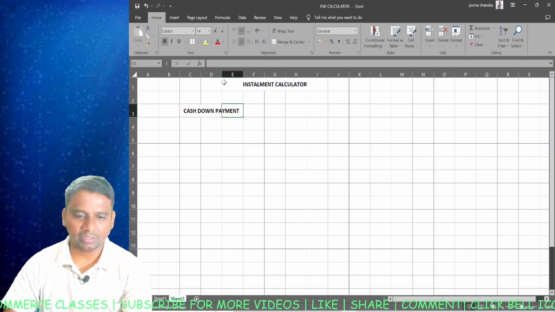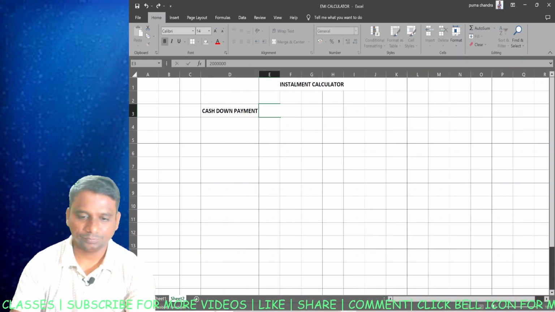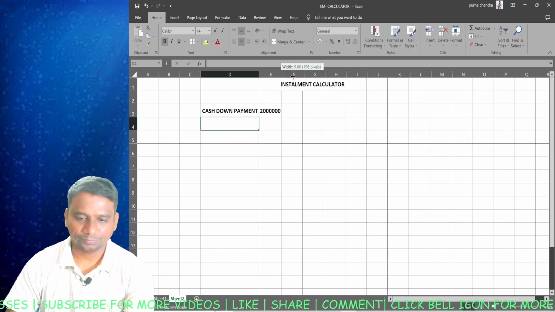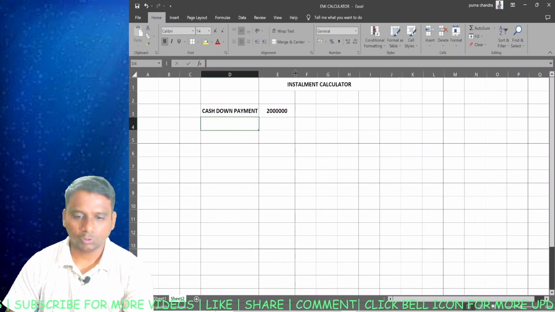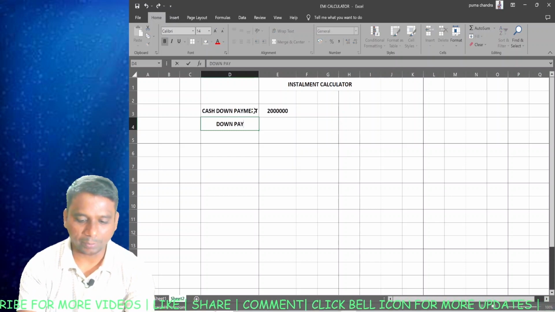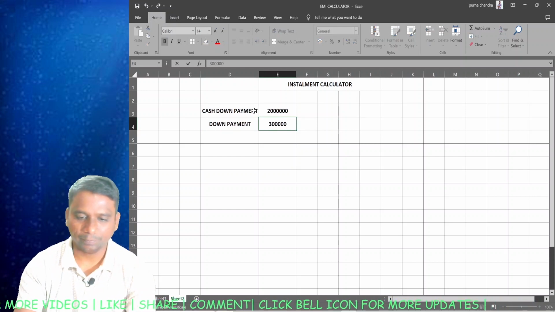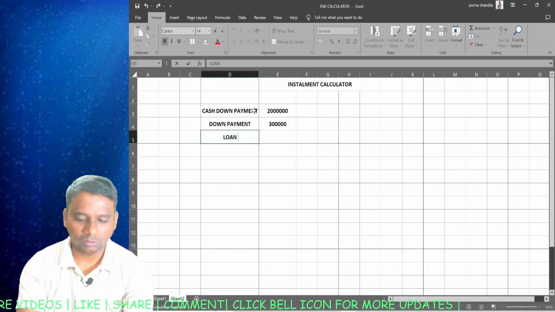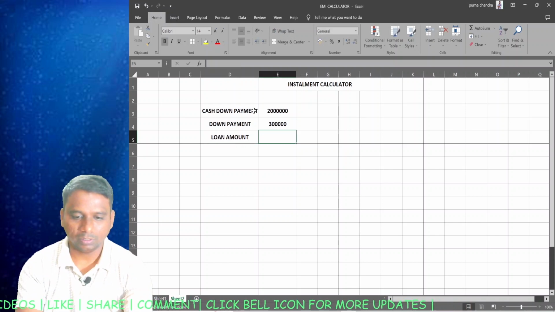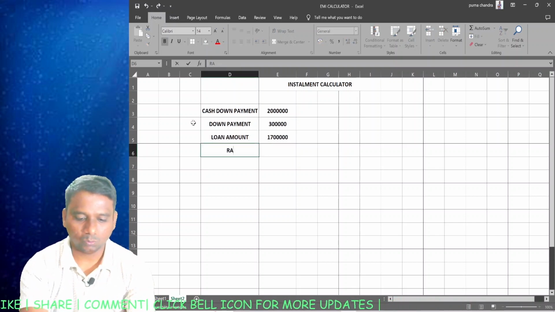Cash down payment is 20 lakhs. Okay, 20 lakhs. Now, how much down payment are we paying? In our example, the down payment is 3 lakhs. Okay, right. So, what is the loan amount? Loan amount is 17 lakhs.